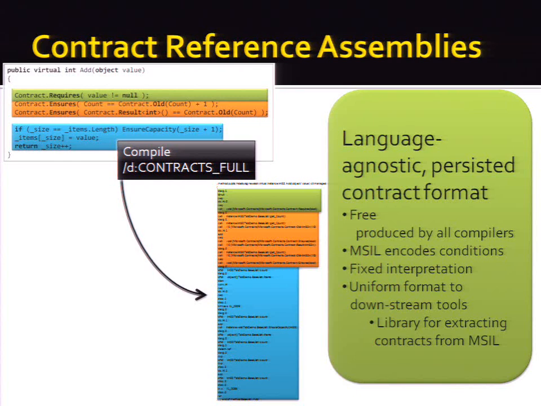So, for example, if you use equals in your conditions, if I have to define what equals means, that could be quite tricky. However, if you just look at the IL, there's some fixed interpretation that the compiler gave to it, and that's what the meaning is going to be. And so I think that's really good. It's a uniform format that tools can take advantage of, and there are already tools out there to read it, so you don't have to invent something new.